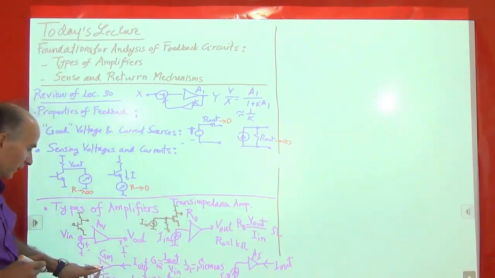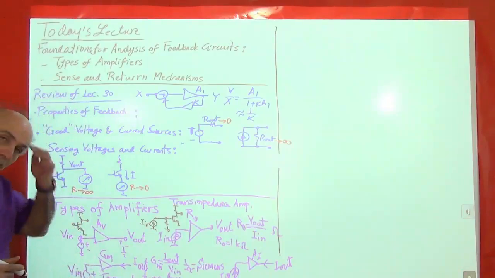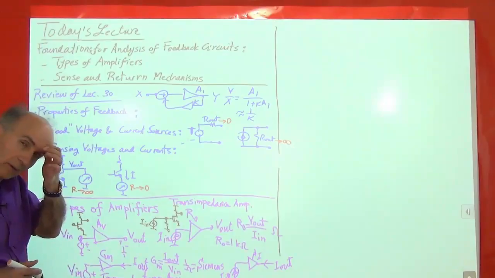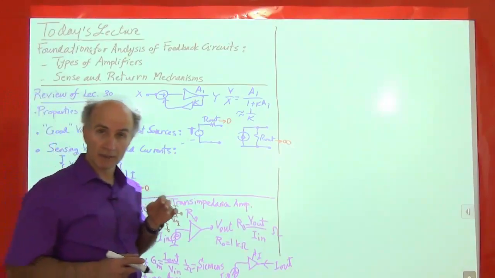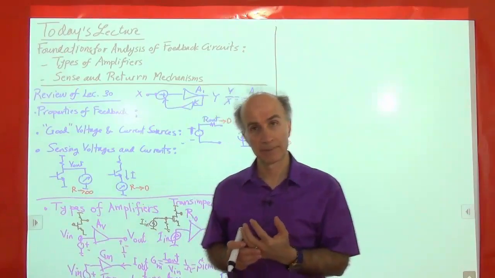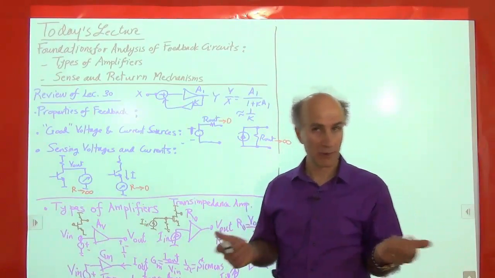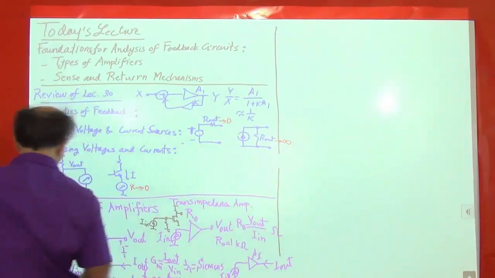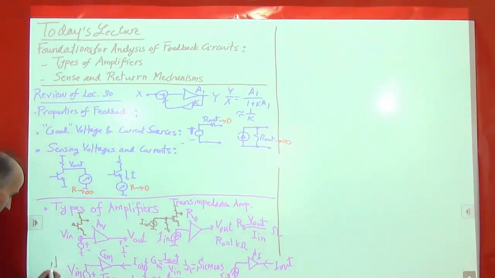All right, how about this circuit? This circuit senses a voltage and gives us a current. Do you know of any device that can sense a voltage and give us a current? Sure, transistors, right? They do that all the time. So here's a simple implementation.